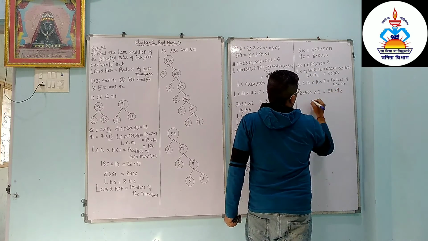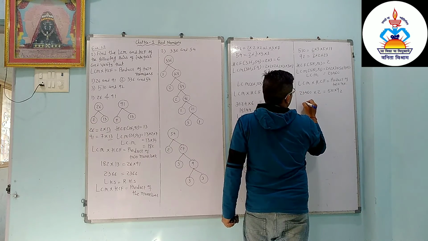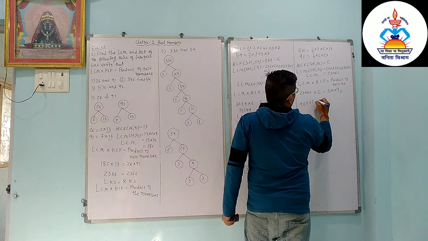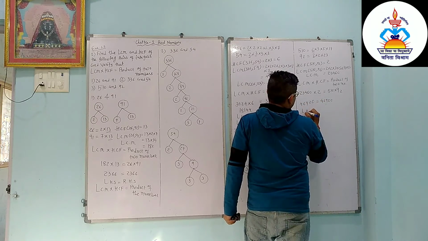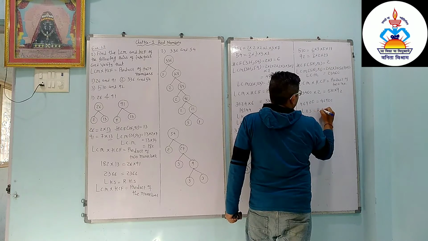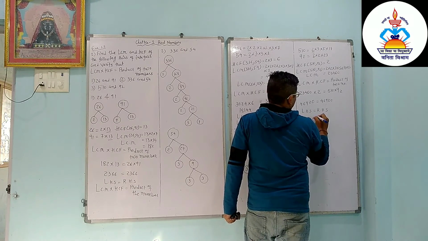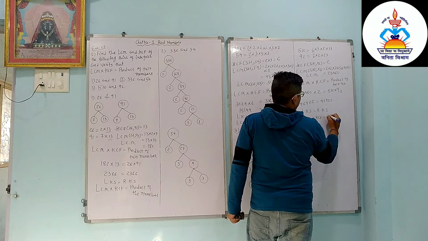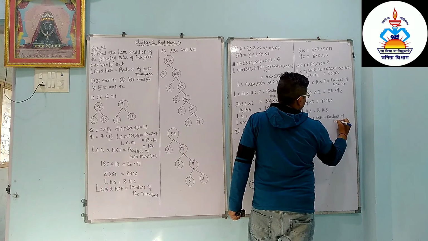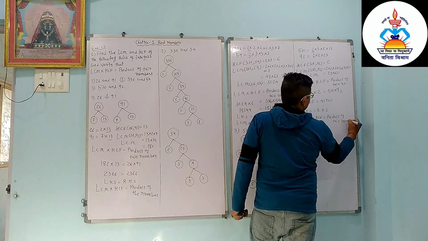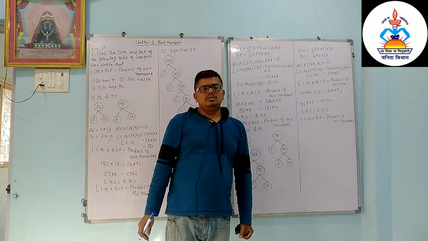So here we get 46920. So we can say that LHS equals RHS. So LCM into HCF equals product of two numbers.